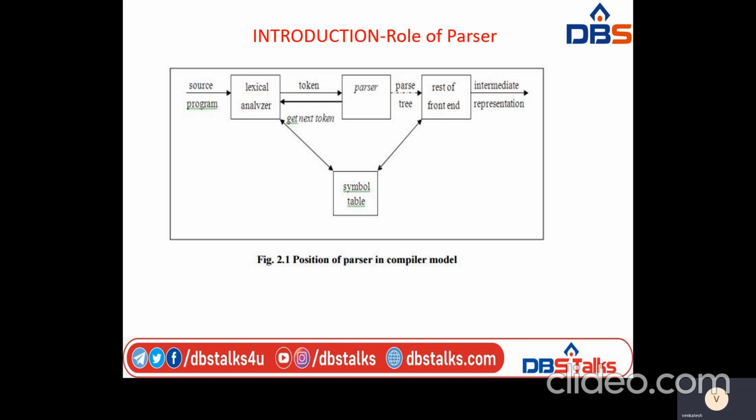Whenever the lexical analyzer receives that request, it passes one more token to the syntax analysis. During this phase, the parser, or syntax analyzer, interacts with the symbol table in order to retrieve the information about a token, such as the name of the token and its attribute value.